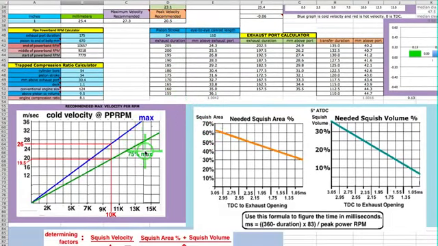As you go higher in compression ratio, that in itself causes a faster burn, so we don't need as much velocity. As we go from 75% at 9-to-1, we're down to 70% at 10-to-1 and 65% at 11-to-1. And the reverse holds true for the lower compression, like at 7-to-1, it'd be 85%.